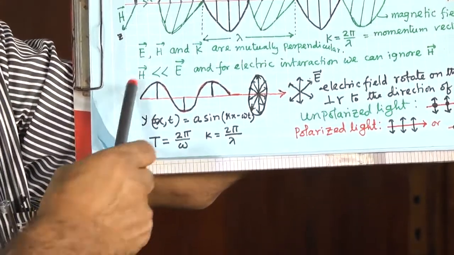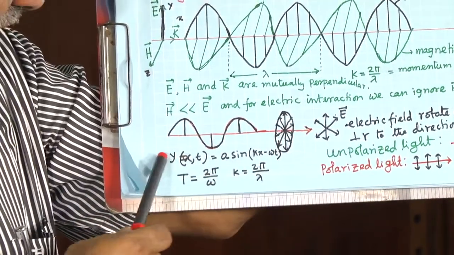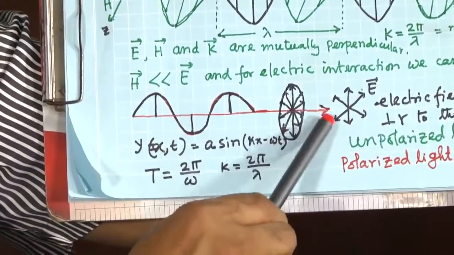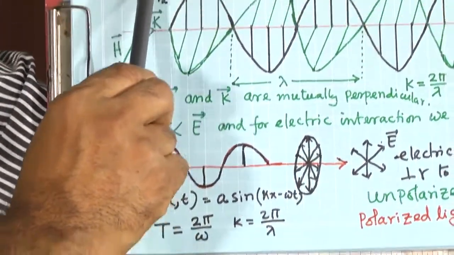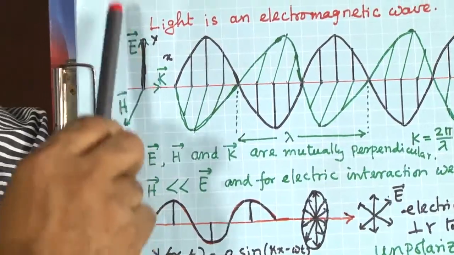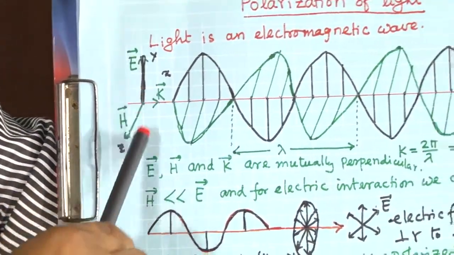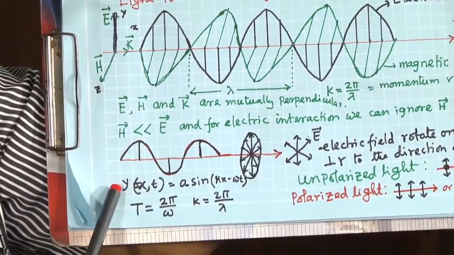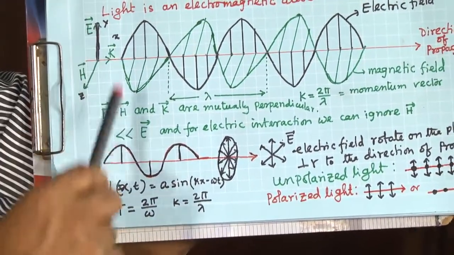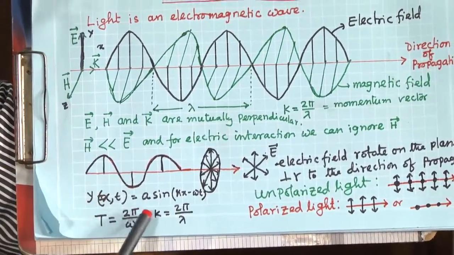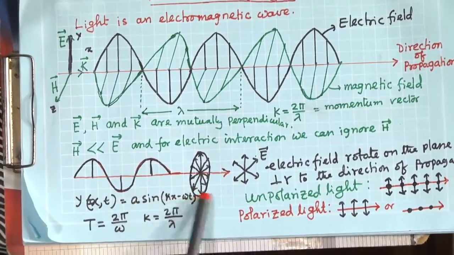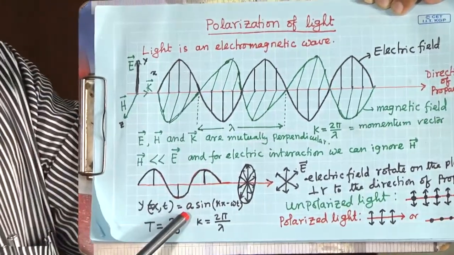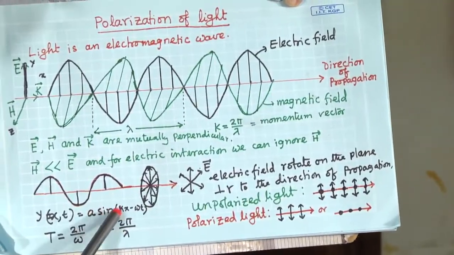The electromagnetic wave we can represent as y as a function of x and t. This is the x direction and this is the y direction, with the electric component vibrating in the y direction, and this is the z direction for the magnetic component. So, y is basically the electric component. It will vary following this equation. Here A is basically E0, the maximum amplitude. So, y = A sin(kx − ωt).